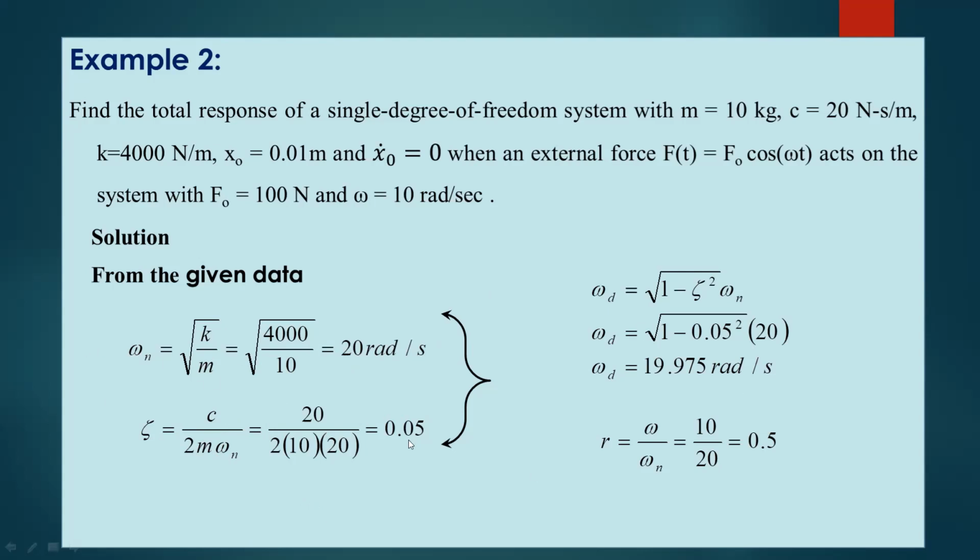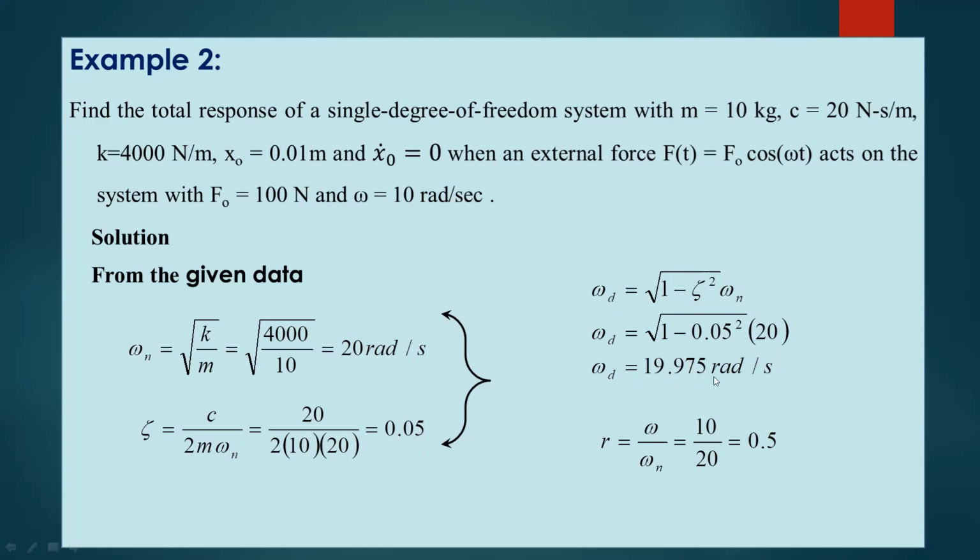And then the damped natural frequency is calculated from the undamped natural frequency. The damped natural frequency omega d equals the square root of (1 minus zeta squared) times omega n. Omega n is already calculated, and zeta is also calculated. Just substitute, which gives you 19.975 rad per second.